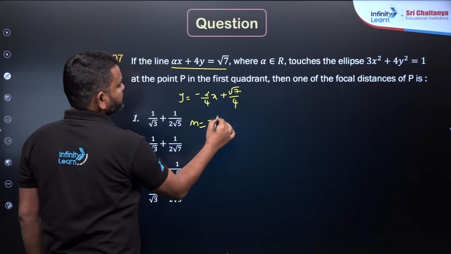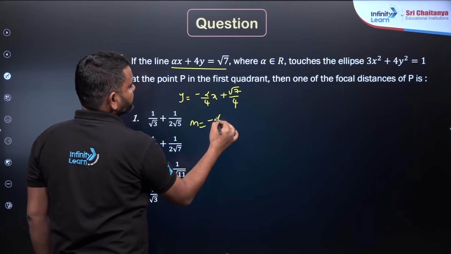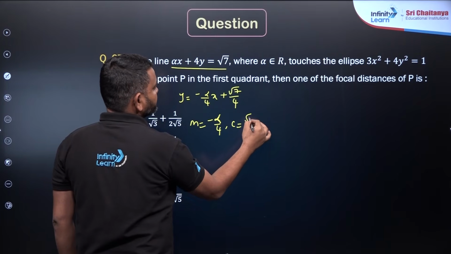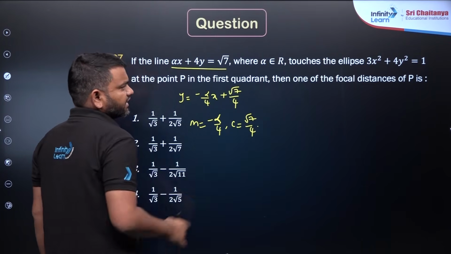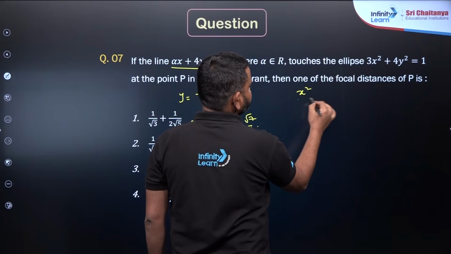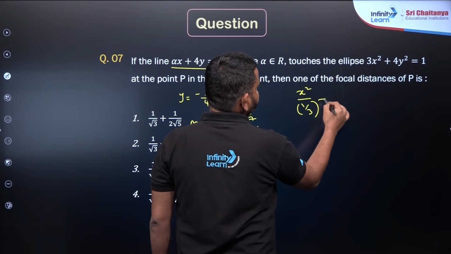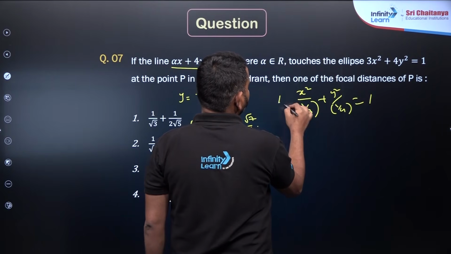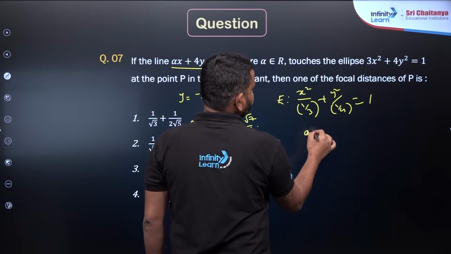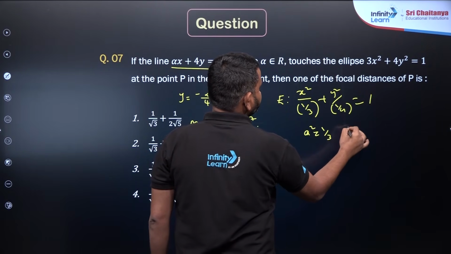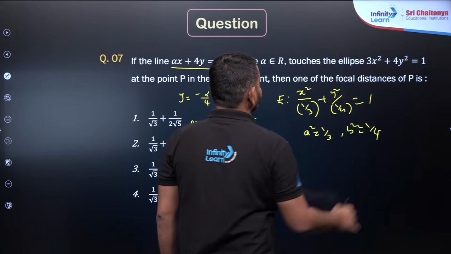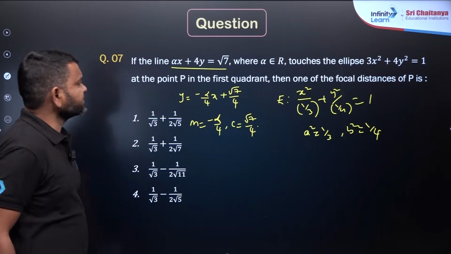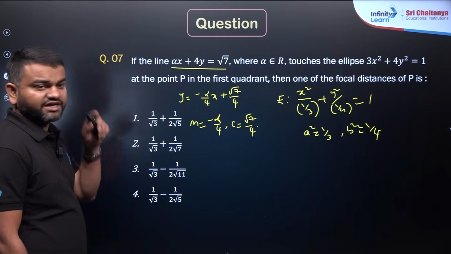So m is equals to minus alpha by 4 and c is equals to root 7 by 4. And here the equation is x square by 1 by 3 plus y square by 1 by 4, that is equals to 1, ellipse equation. So here a square is going to be 1 by 3 and b square is going to be 1 by 4. As it is touching that one, which means it is a tangent there.